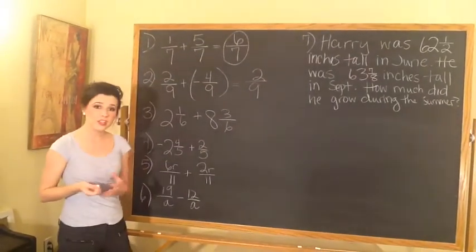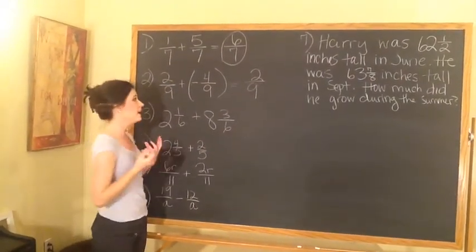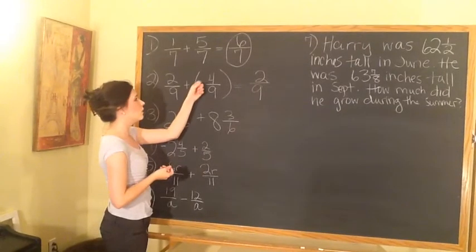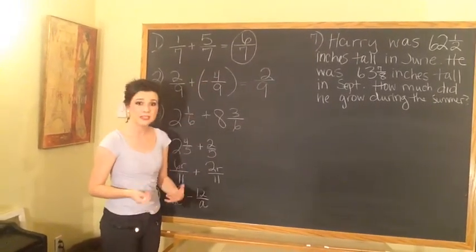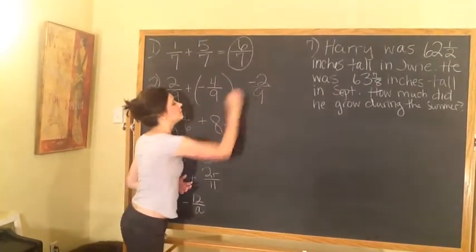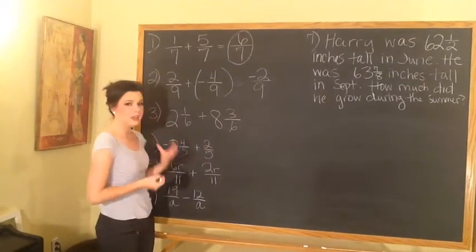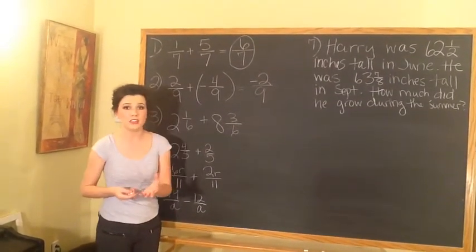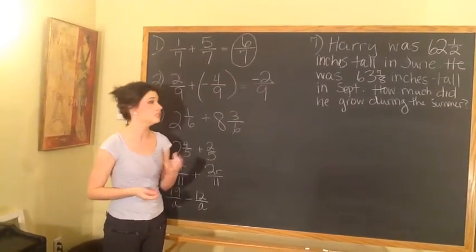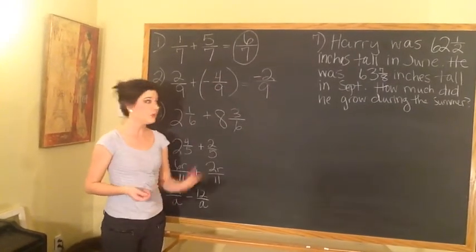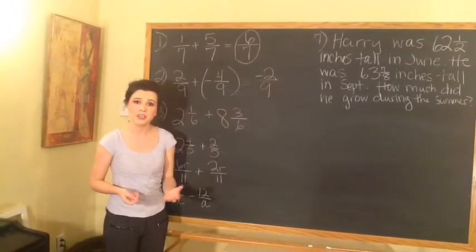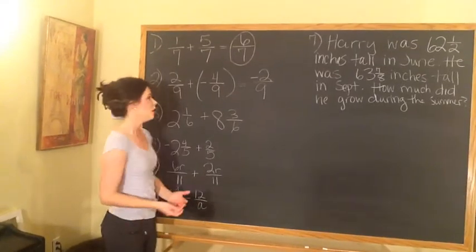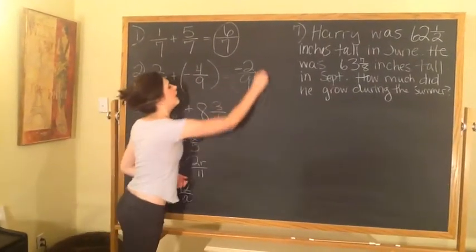To figure out if the number is positive or negative, you'll say, well, 4 is negative, and that's our biggest number, so our final answer is going to be negative. If you have $2 and you owe me $4, you're going to owe me $2 in the end because you don't have the whole amount.